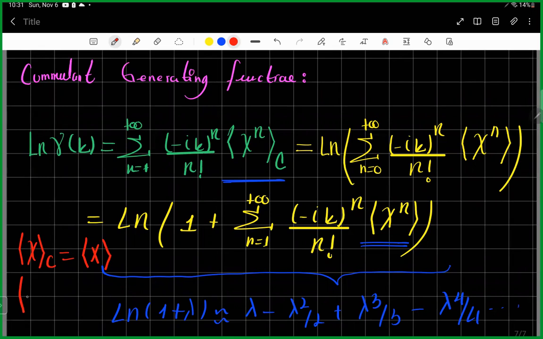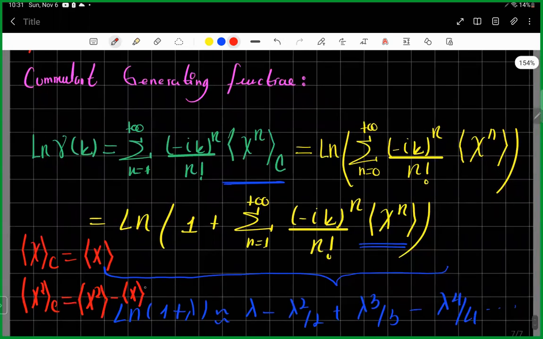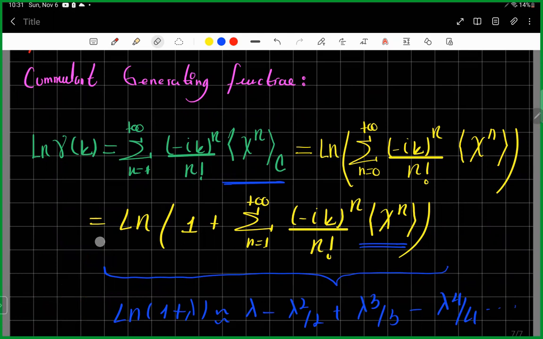Nonetheless, the second order cumulant is equal to the expectation value of x squared minus the expectation value of x all squared, which is just sigma squared. So that means the cumulants are really the measurables of a probability distribution. That's why they are so important, and we will find out that they are directly related to our macroscopic observables in statistical mechanics.